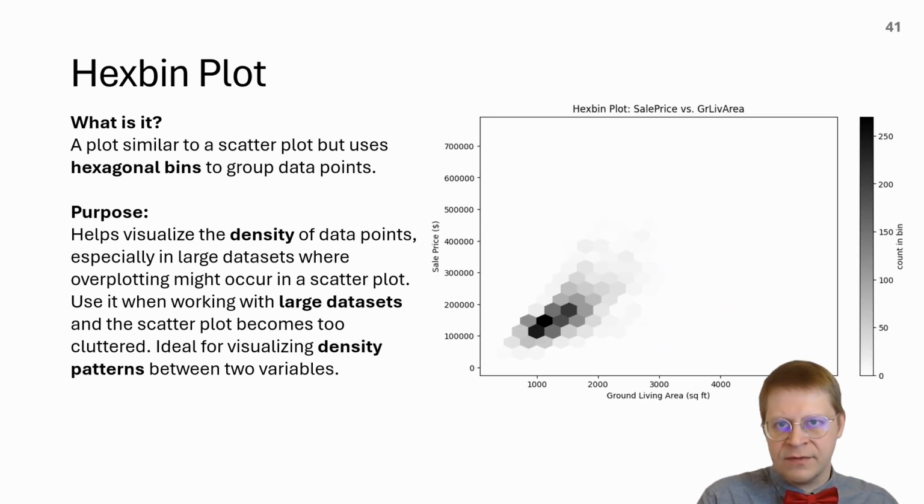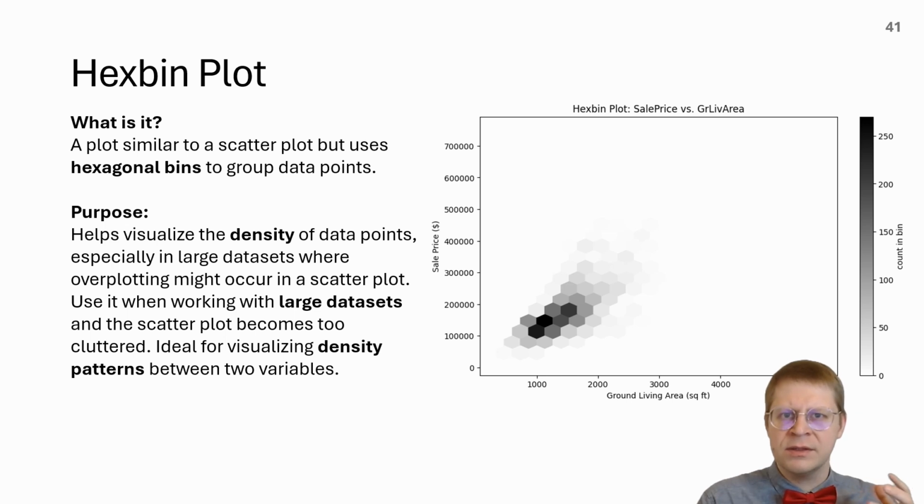There is another version of the scatterplot, the hexbin. When dealing with very large datasets, a traditional scatterplot can become too cluttered, too noisy, making it hard to show any pattern. Hexbin plots solve this problem by grouping data points into hexagonal bins.